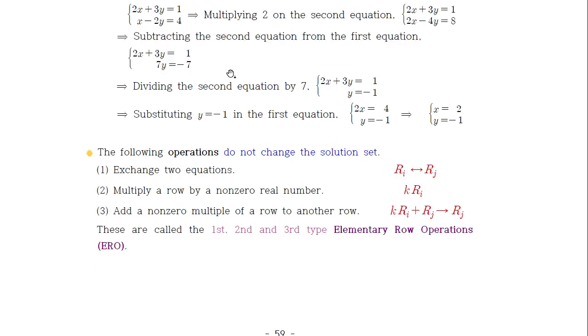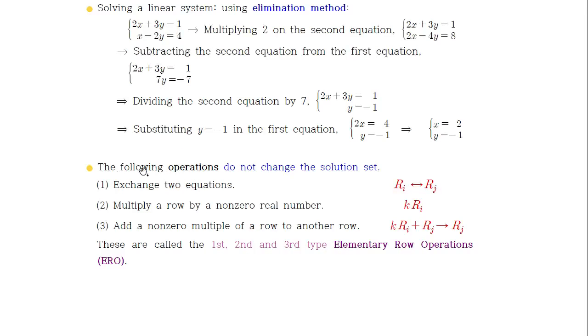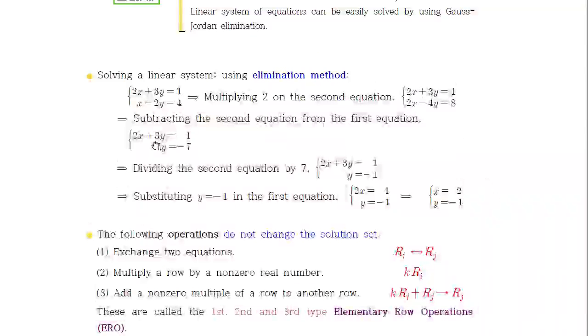The operations that you did use were one of the following at each step. You did exchange two equations, first R1 and R2 sometimes, and you multiplied a scalar to an equation, or you multiplied a scalar to one row, one equation, and then added it to the other equation to have a new equation, like here, isn't it?